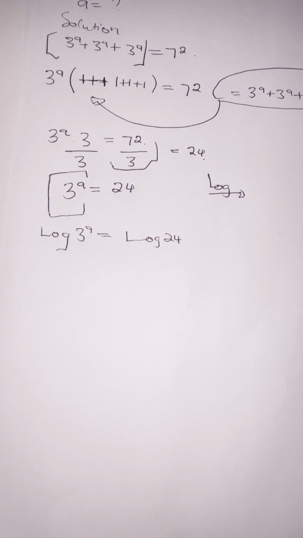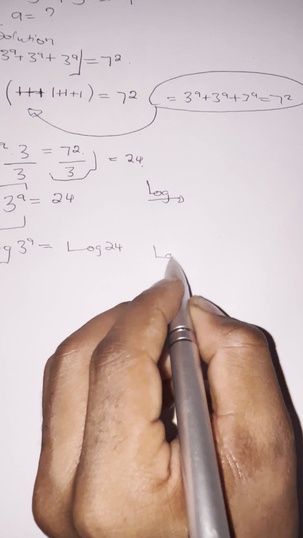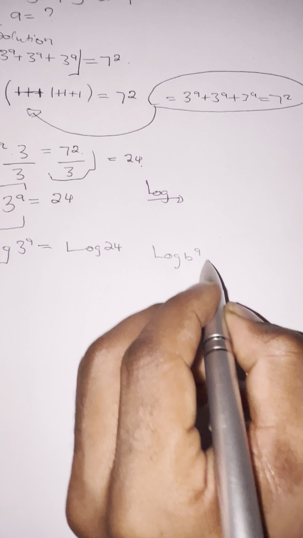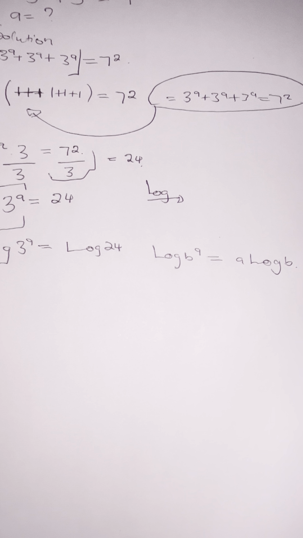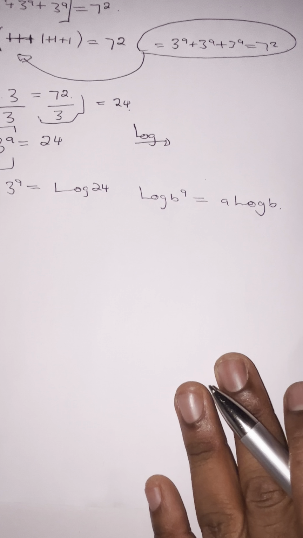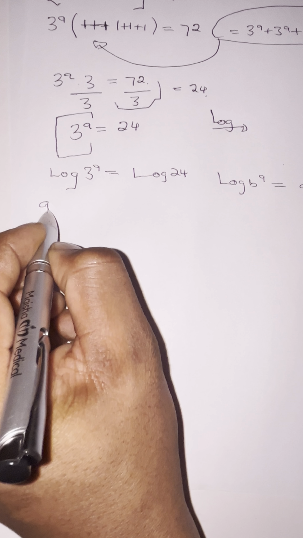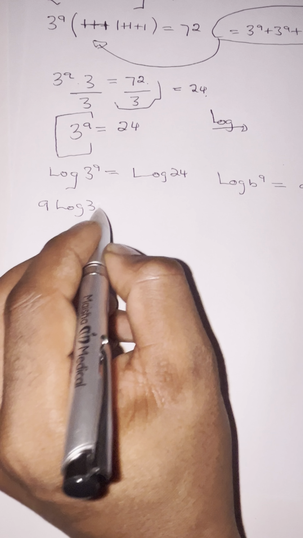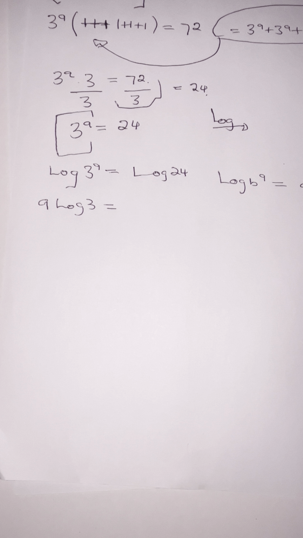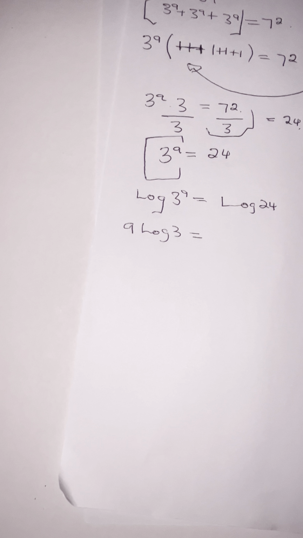What is the rule of log? The rule of log says log b^a is equal to a log b. Something like this. So we say a log 3 is equal to log 24.